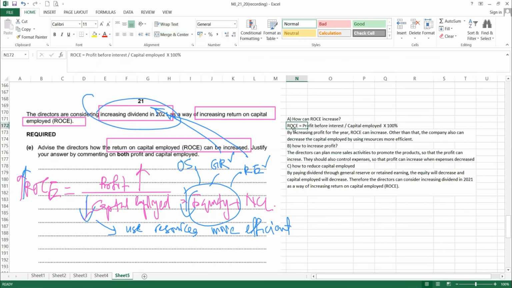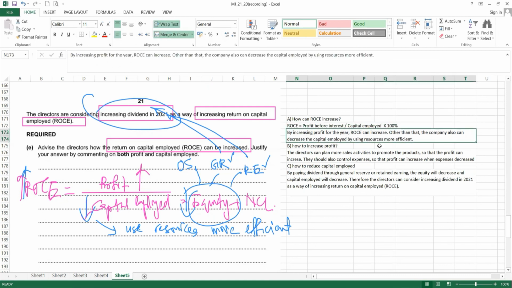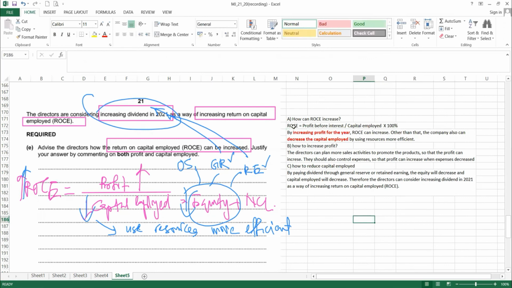So there we say these two can cause the increase: profit increase, by increasing the profit, and another way is to decrease the capital employed. These two ways will help to increase the ROCE. Next we have to answer how to increase the profit, then how to reduce the capital employed.